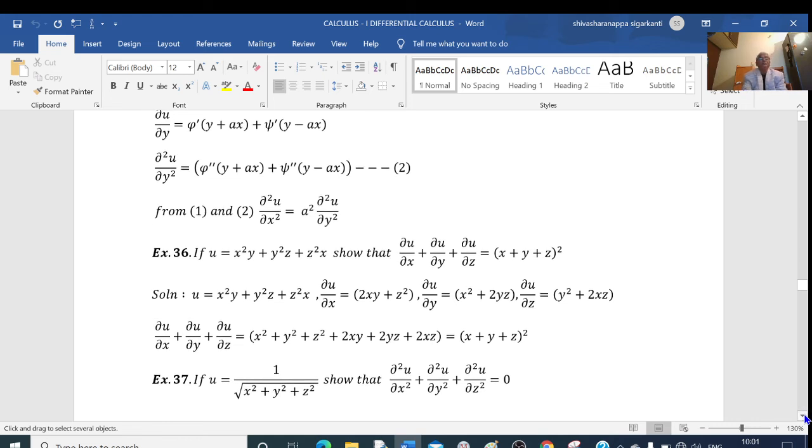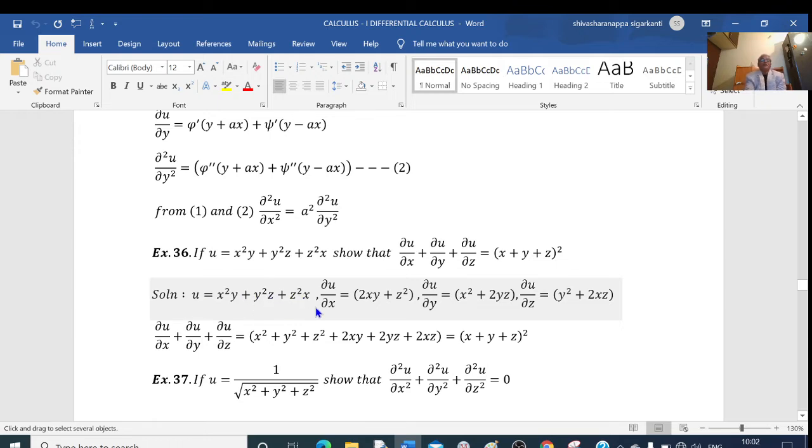Next example. If u equal to x²y plus y²z plus z²x, show that ∂u/∂x plus ∂u/∂y plus ∂u/∂z is equal to (x plus y plus z) whole squared. So consider the given equation, u equal to x²y plus y²z plus z²x.